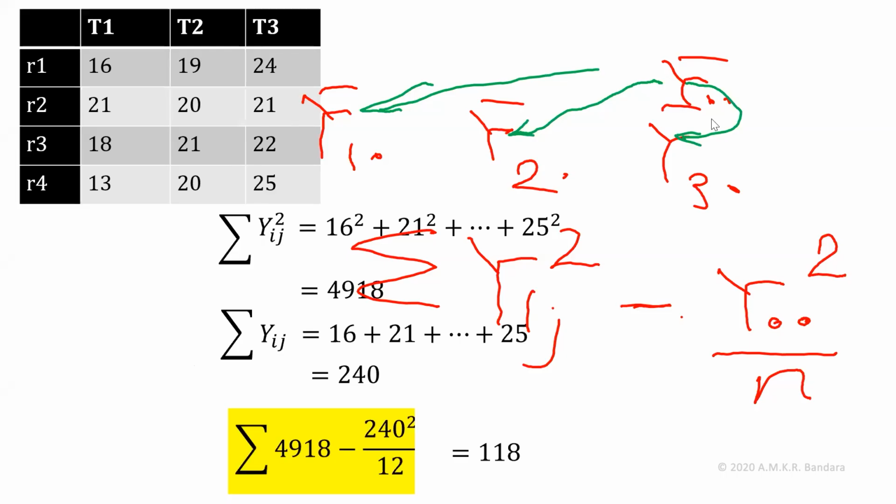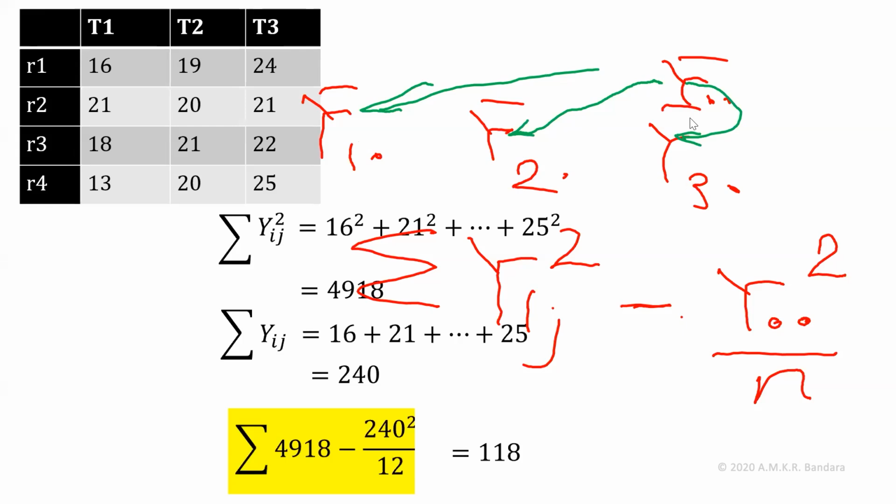So the first treatment mean will differ from this grand average. The second treatment mean also will differ from the grand average, and the third treatment mean also will differ from this grand average. So there is a variability between treatment means and the grand mean.